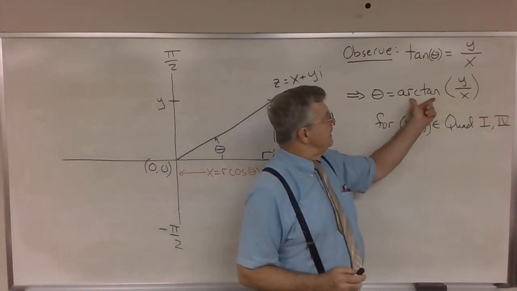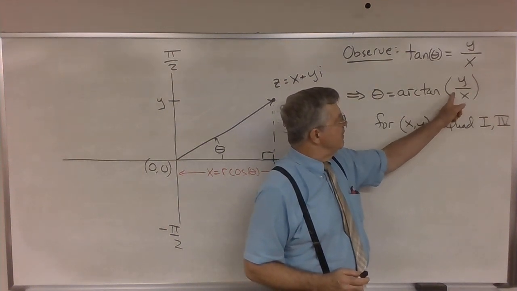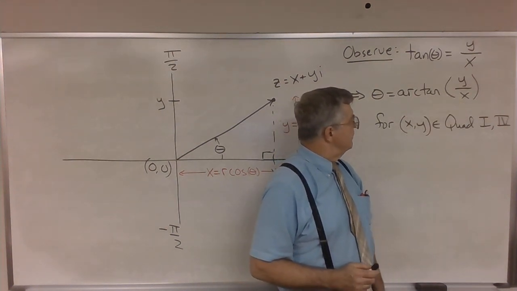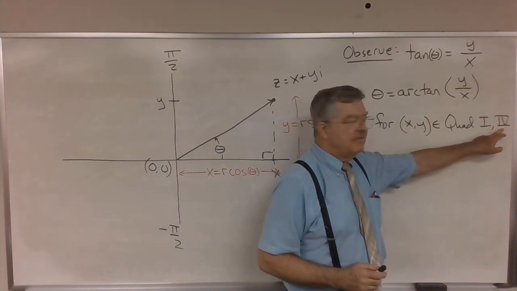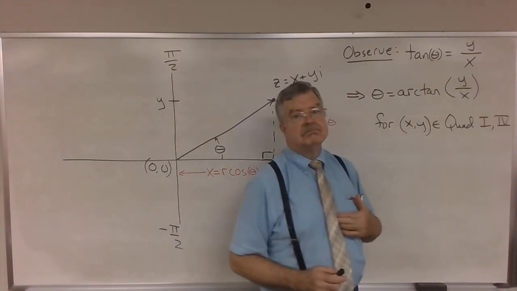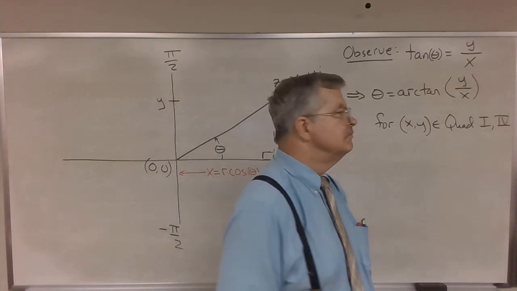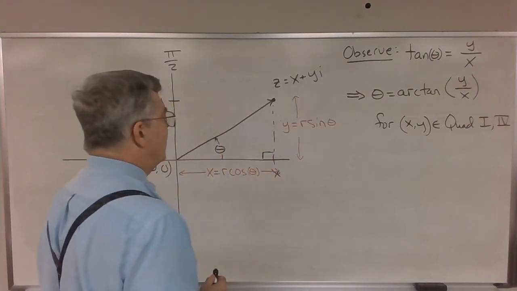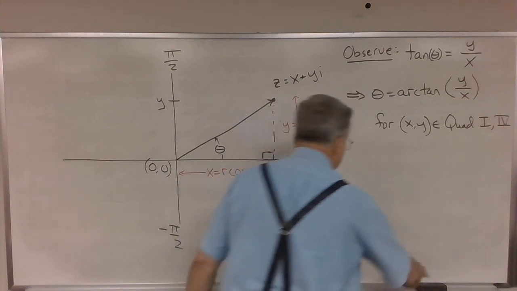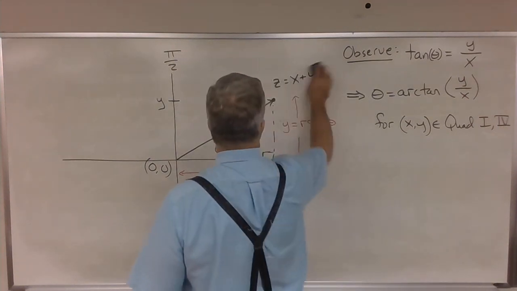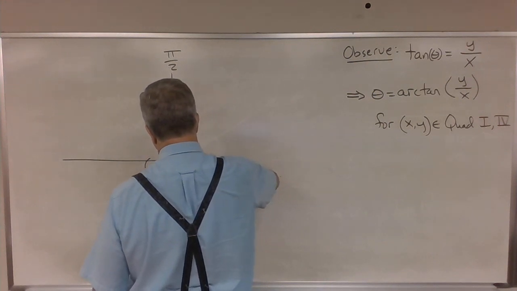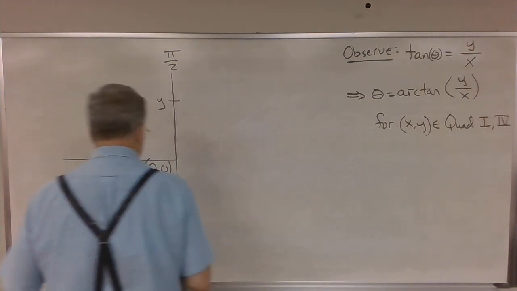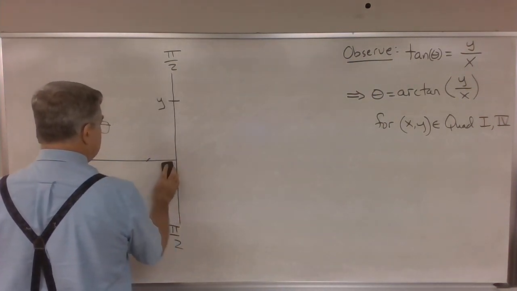And the arctangent function of a negative number is going to give us an angle in quadrant 4. Let's draw out what that looks like.